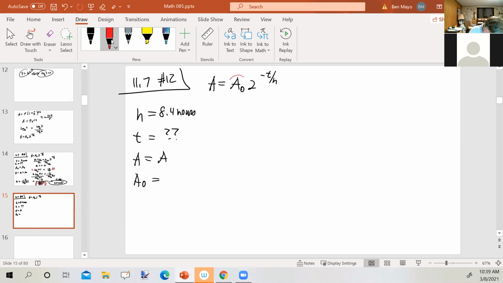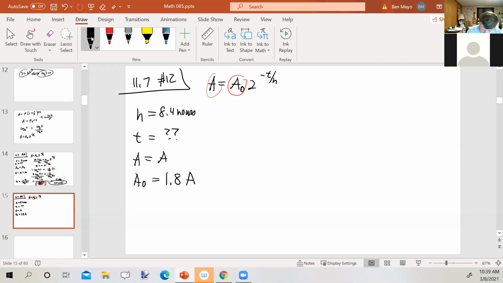So this would be 80% more than this. So A sub 0 would be 1.8 A. Does that make sense? It's a little bit tricky there. Questions how I got that?